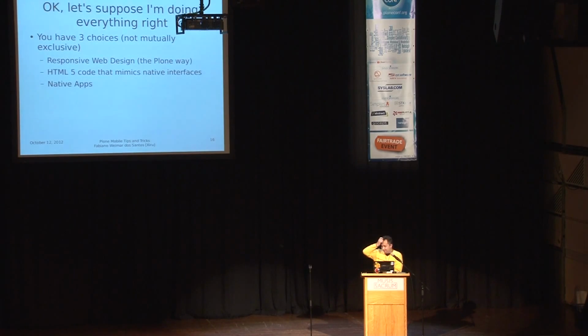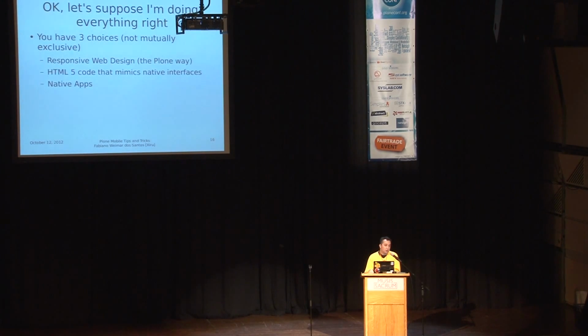Okay, so let's suppose we're doing everything okay. Everybody knows how mobile web applications should supposedly be done, and we are going to focus on our subject and try to find a way to publish content managed by Plone for mobile devices.